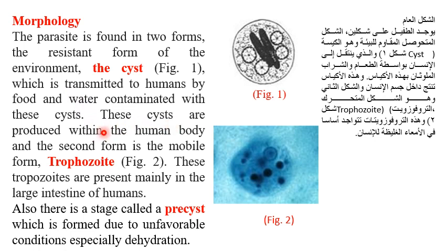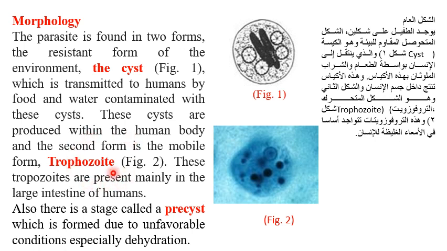These cysts are produced within the human body, and the second form is the mobile form, the trophozoite, figure 2. These trophozoites are present mainly in the large intestine of humans and sometimes go through the blood to the brain, lungs and liver.